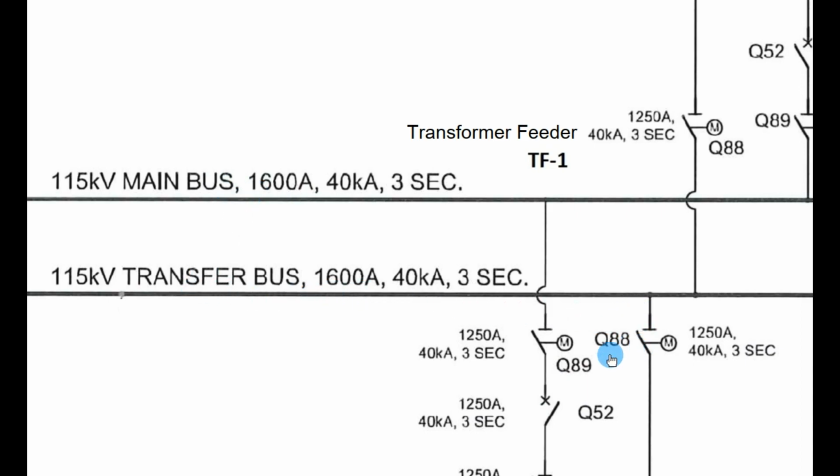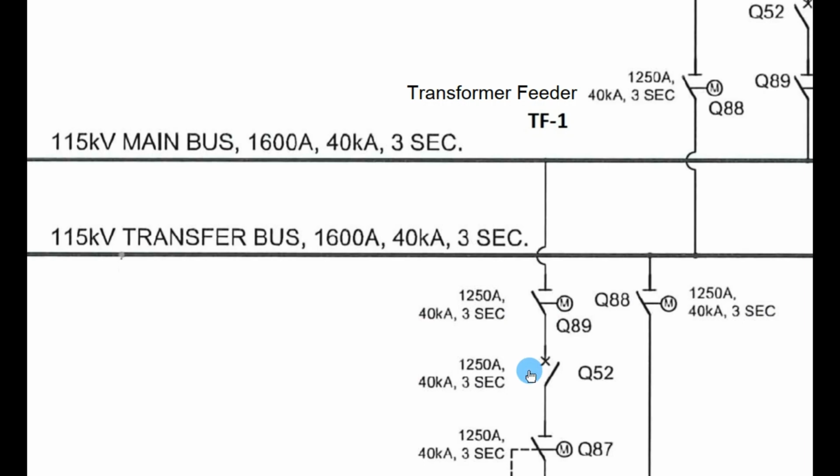So wherever you see an isolator connecting to the main bus, it is named Q89, and in the same way Q88 is connected to the transfer bus. Here it is 1250 amps, which means it can carry 1250 amps continuously and hold 40 kilo amps for 3 seconds. It is the same for the breaker also.